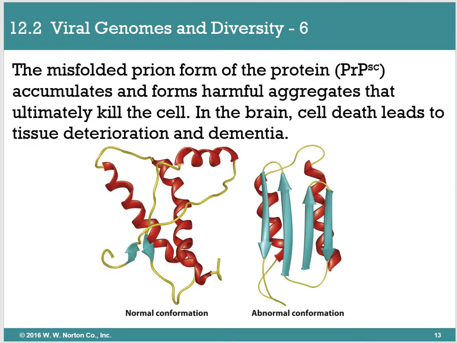Okay, so that's pretty much what I just said. So this is the normal way our protein would look. But if we have a prion, like I said, it'll produce that enzyme, and it will cause an abnormality in the protein's shape and structure, and that can lead to harm to the host.